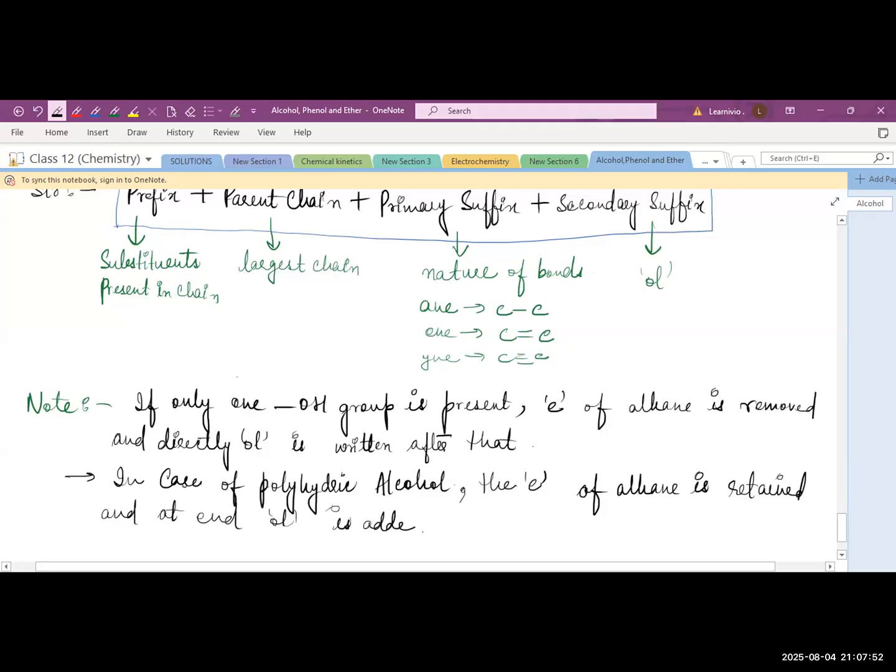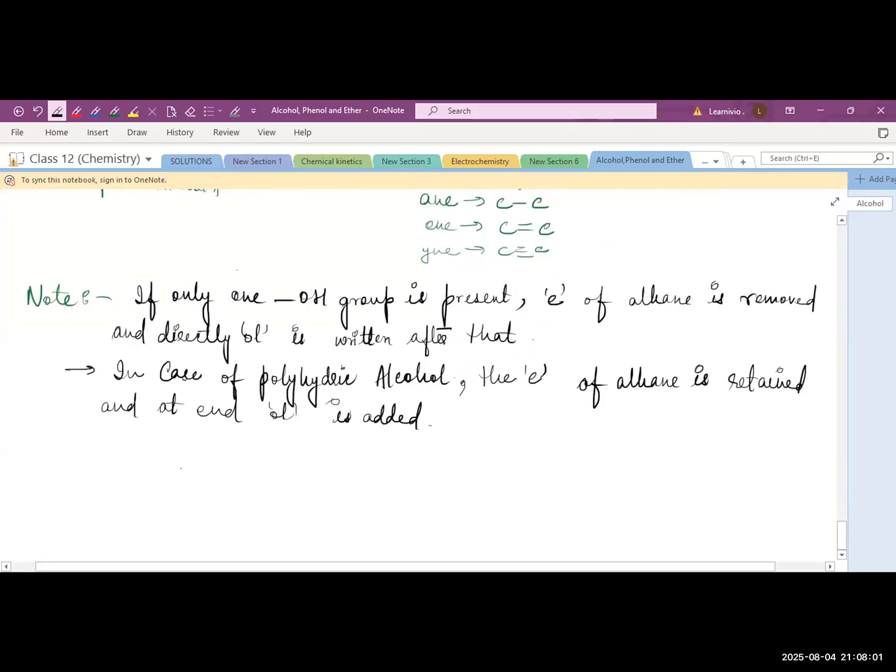Can you give an example? Yeah, see, suppose I write CH3CH2OH, very simple. Suppose this is your CH3, and this is your ethanol, right?